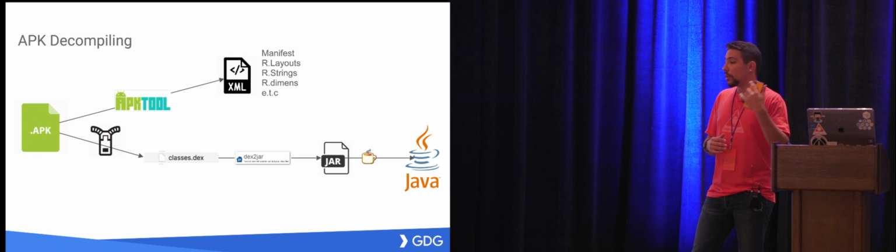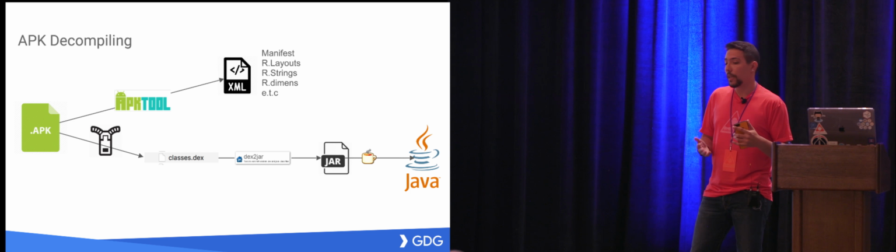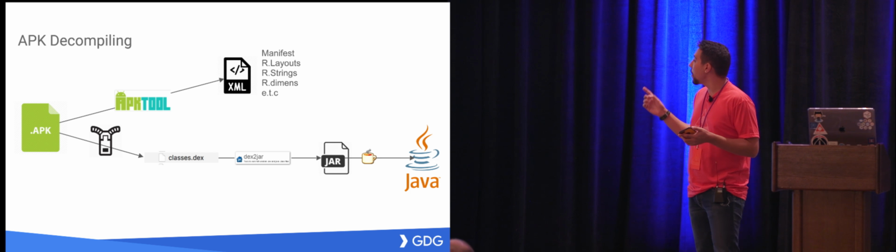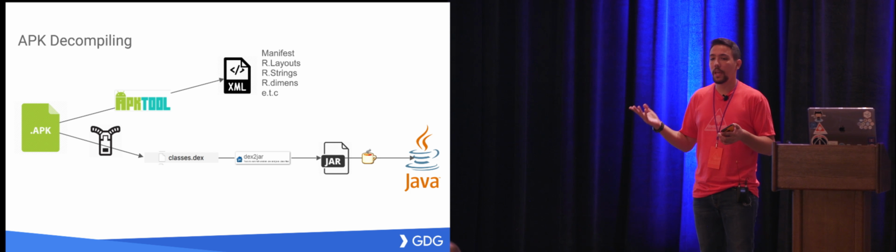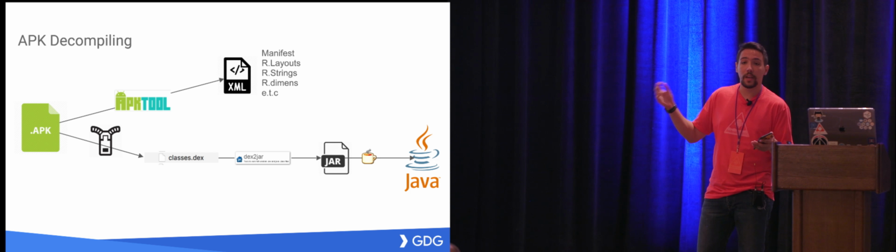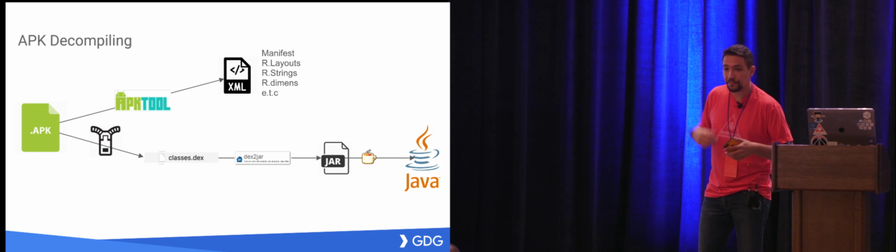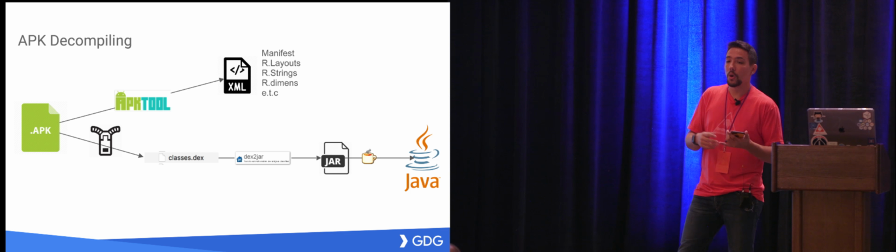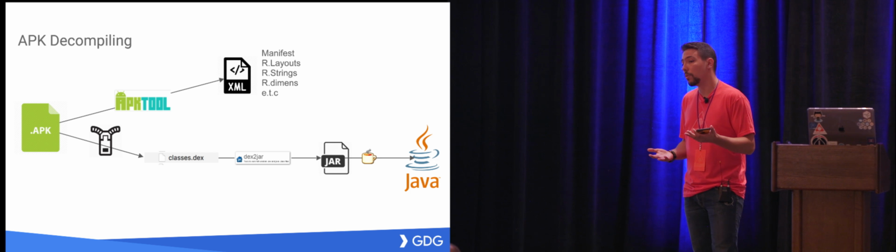Although, if that is not enough and we want to go even deeper and get the actual Java files within our application, then the only thing we can do is rename our application from .apk to .zip and then decompress it. Once we decompress it, we can get access to all the manifests, the resources, the drawables that I mentioned before with APKTool.